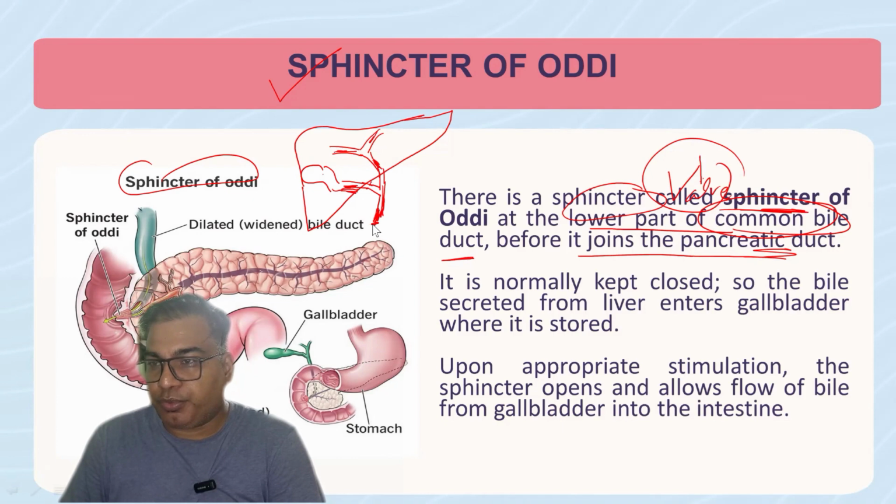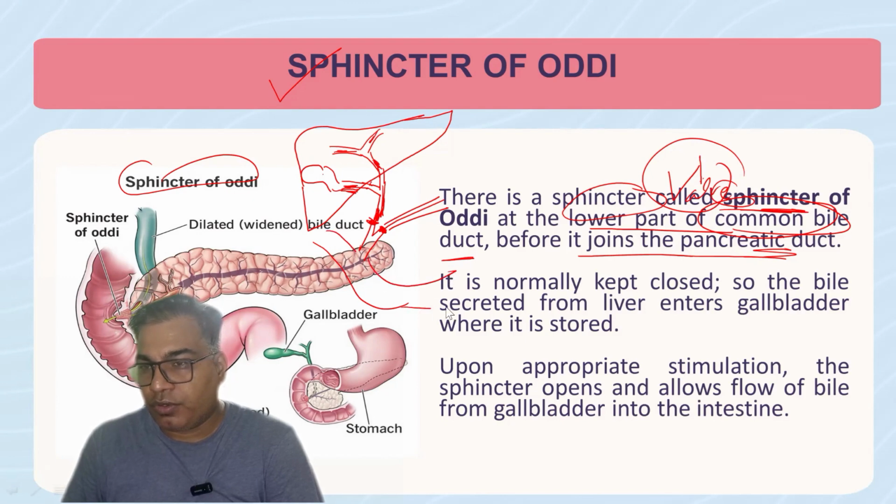So at this portion, this sphincter of Oddi is present, before it joins the pancreatic duct. So here there will be a sphincter for pancreatic duct. This one is a sphincter of Oddi, and finally it leads into the duodenum portion of small intestine. Here we have an opening of ampulla of Vater.